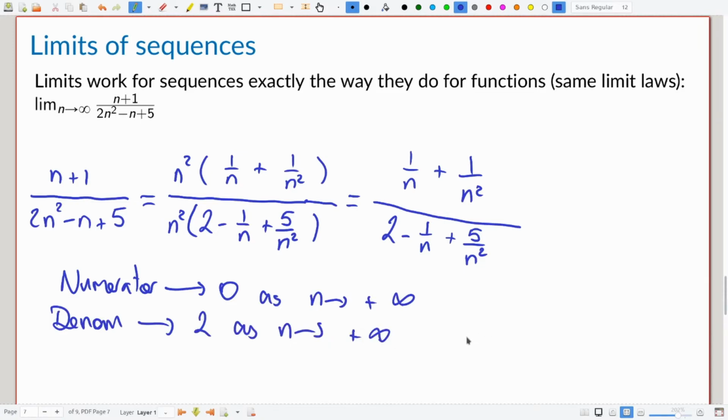So that's a 0 over 2 form, and that's perfectly valid, right? That tells us this goes to 0, and that's as n goes to infinity. Okay, that looks an awful lot like an 8. Let me fix that. Okay, so that's a really simple example of looking at what a sequence does as n goes to infinity.